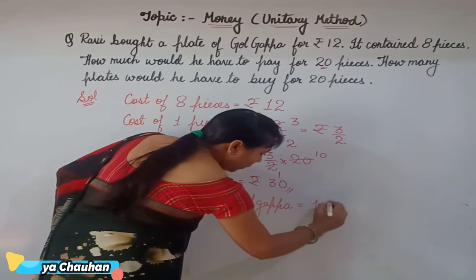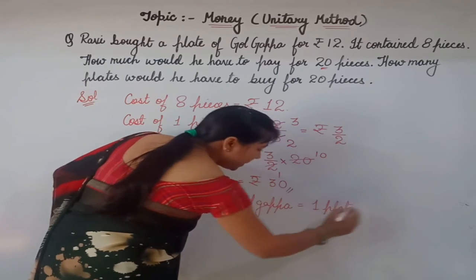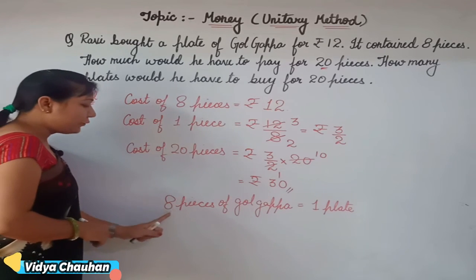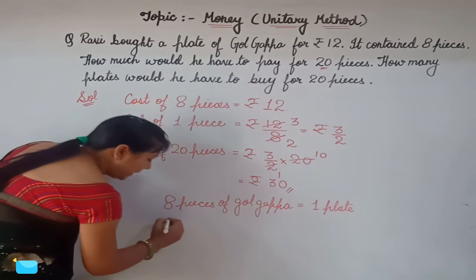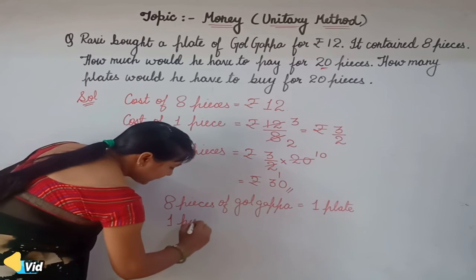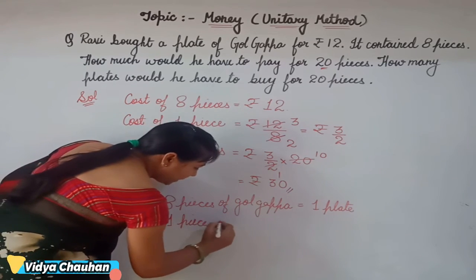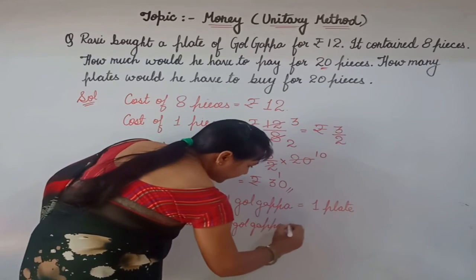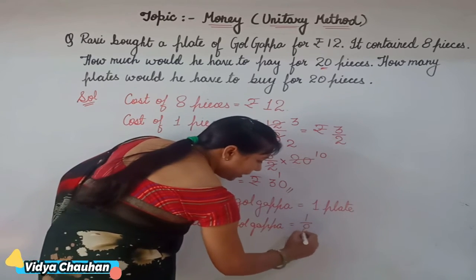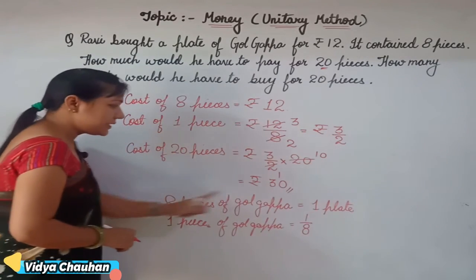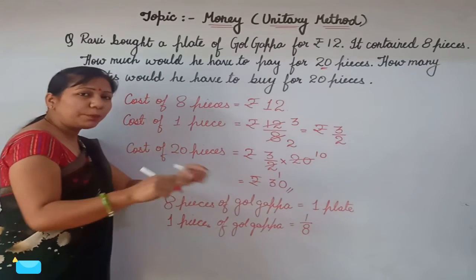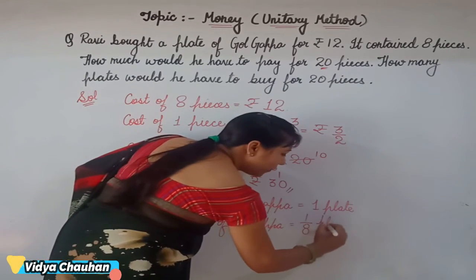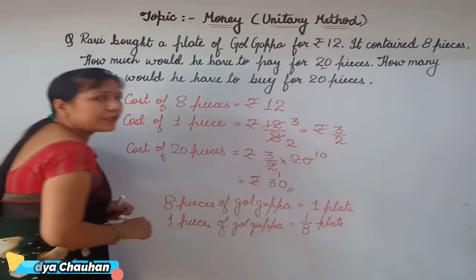So in one plate there are total 8 pieces of Golgappa. What if we have to find for one piece? For one piece of Golgappa, the portion of the plate will become 1/8 because there are 8 pieces in one plate. So one piece will occupy 1/8 portion of the plate. Clear, students?